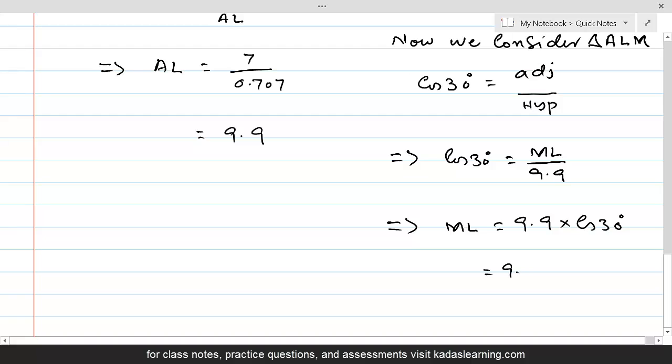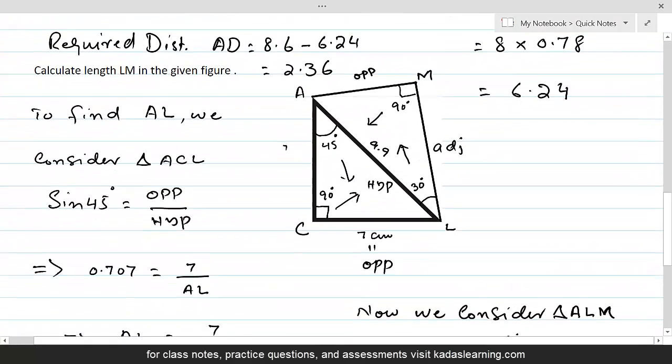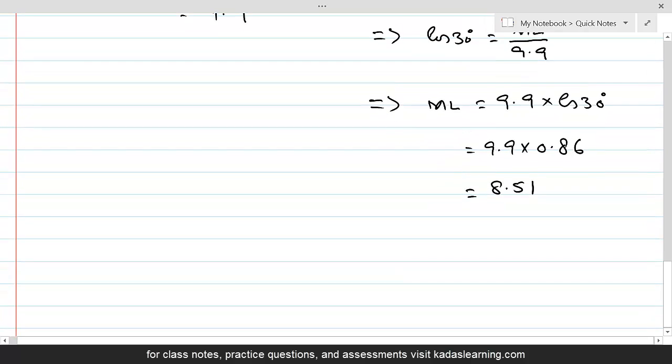So 9.9 times 0.86 gives us 8.51, which is the required length of ML.